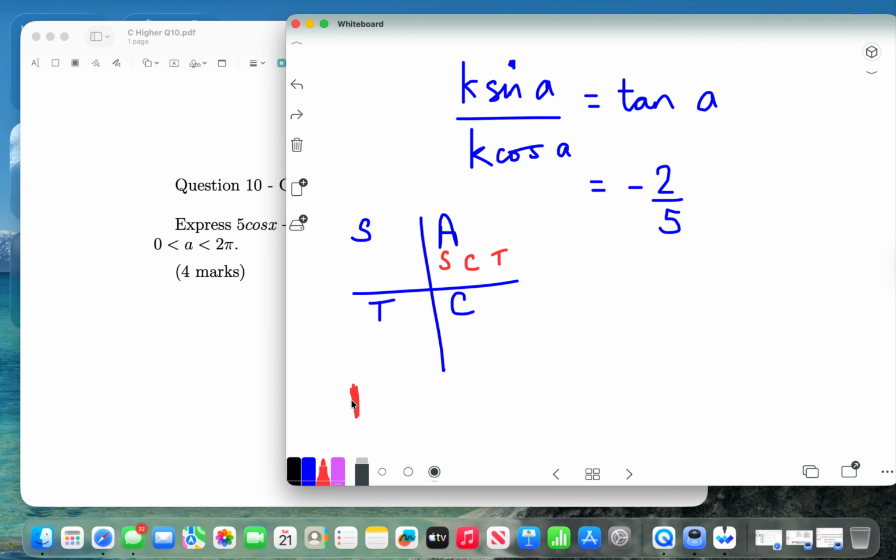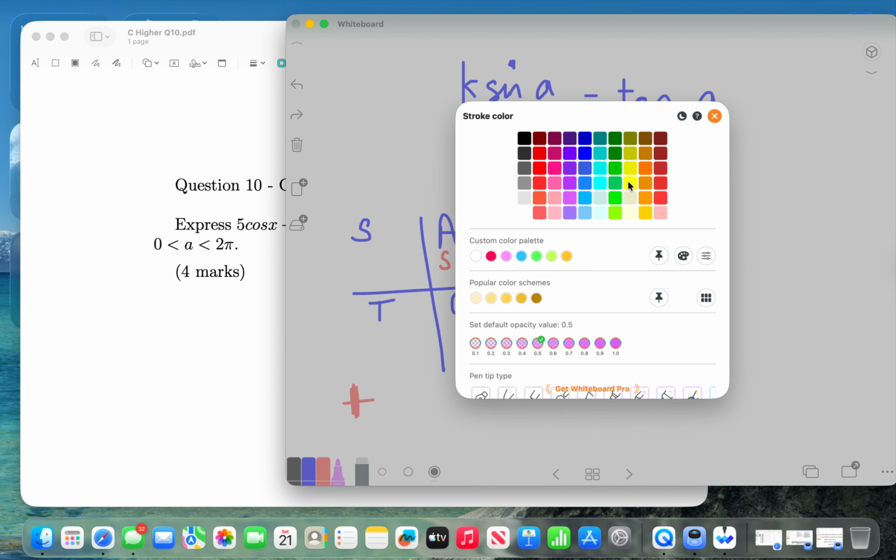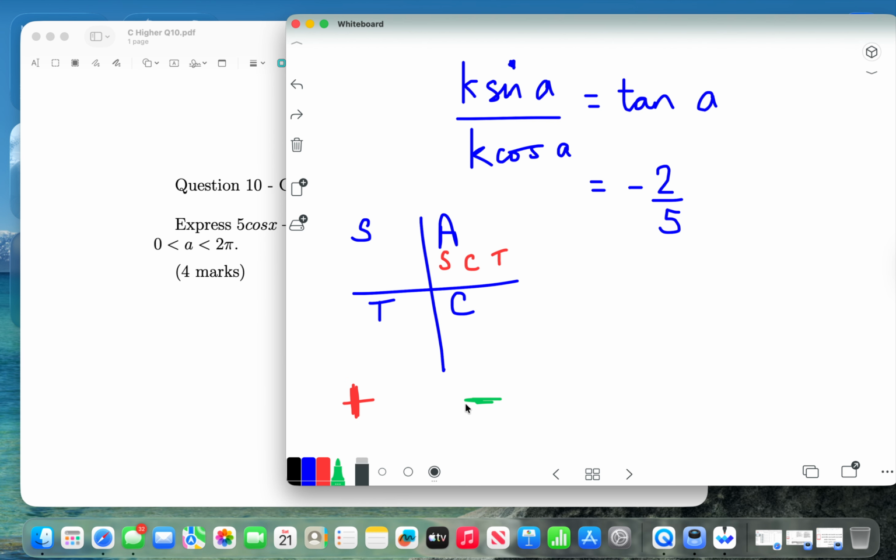If it's positive, it will be in red. If it's negative, I will put it in green. So we have the tan is negative.